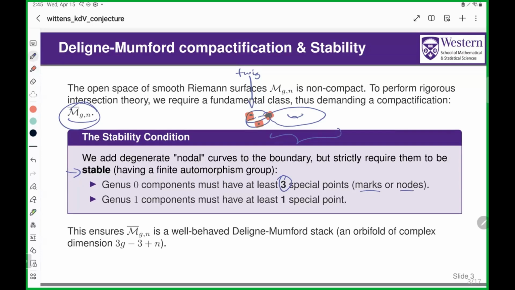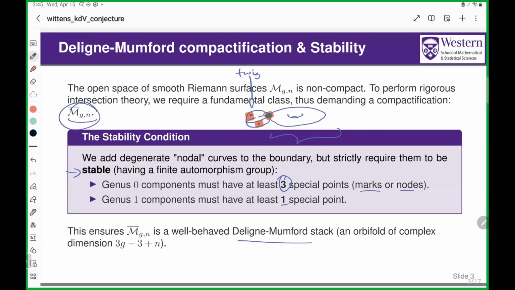Now, if you have a genus 1 part, you're going to need 1 special point, and that can be the node there. The reason why we're doing this is that these will fix the automorphisms of these twigs and make it finite. You don't want a continuous spectrum of automorphisms. You want a finite spectrum.